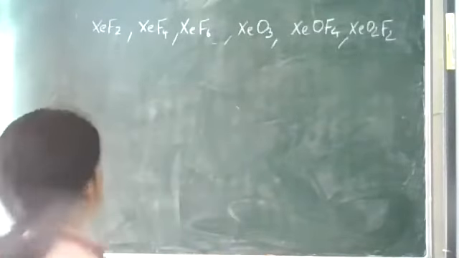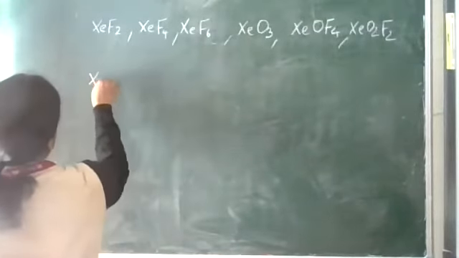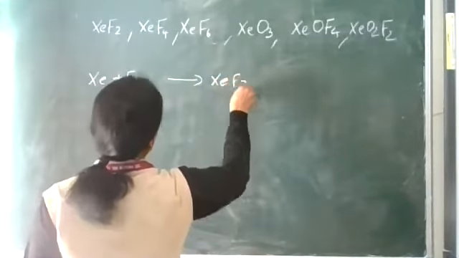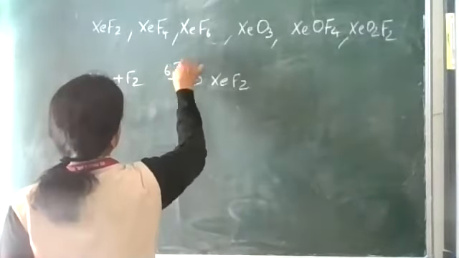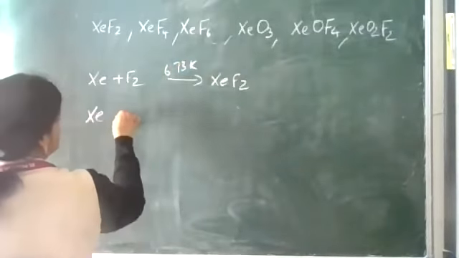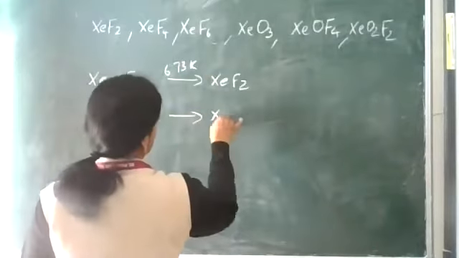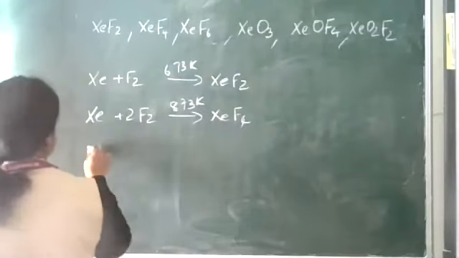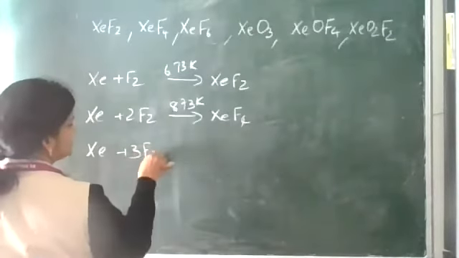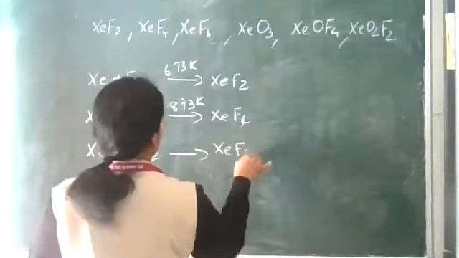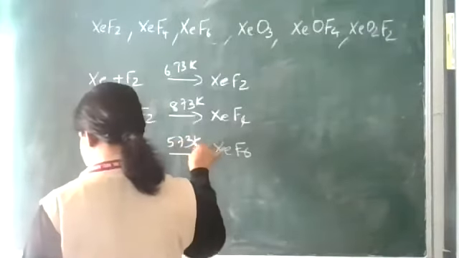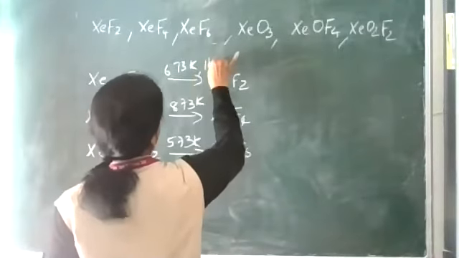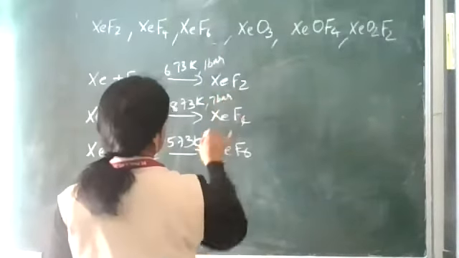Now let's see how we can prepare these. Xe plus F2 gives XeF2 at 673 Kelvin, and Xe plus 2 F2 gives XeF4 at 873 Kelvin. Then Xe plus 3 F2 gives XeF6 at 573 Kelvin and 70 bar.